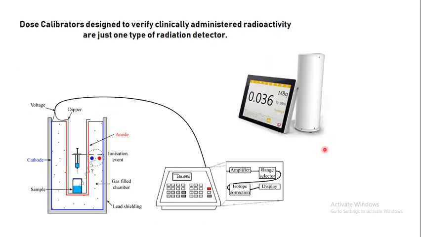This is the overview and flow sheet diagram of the dose calibrator. This is a simple lead shielding, meaning no radiation will pass through this shield to the outside environment. Inside, there is a tube containing gas at high pressure, most probably argon, and inside is another wall. This is an open dipper that we use, with a sample in it.